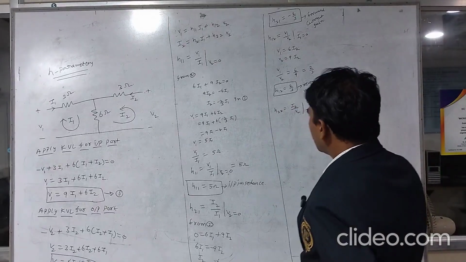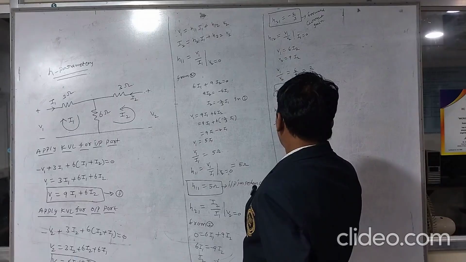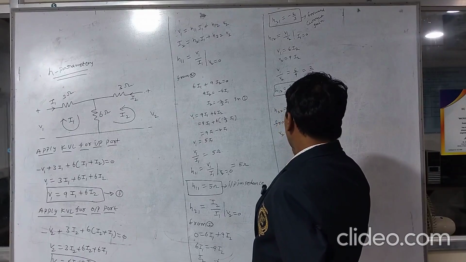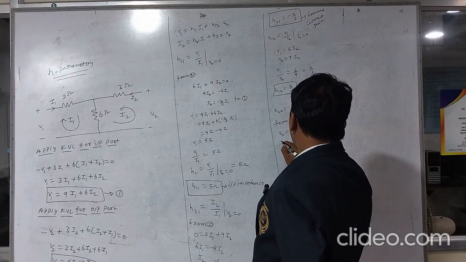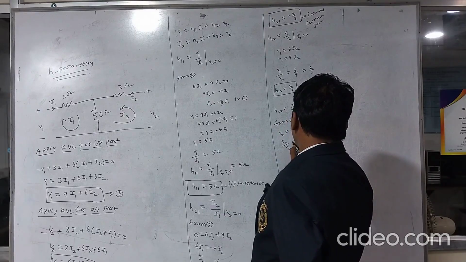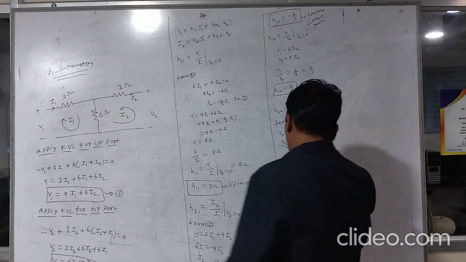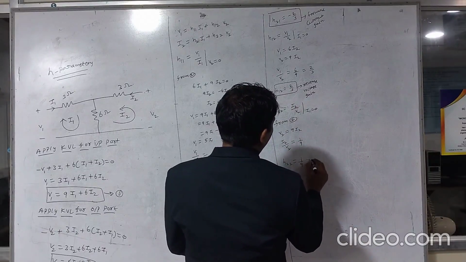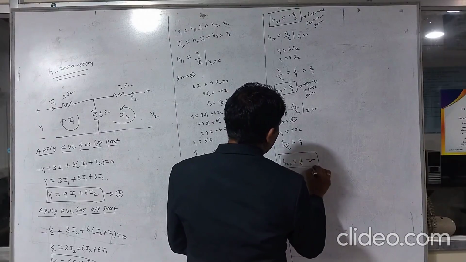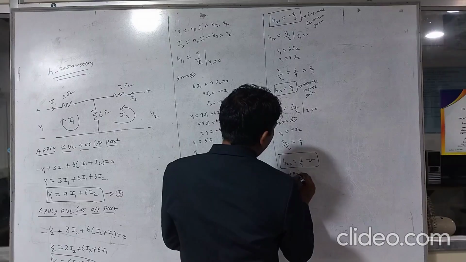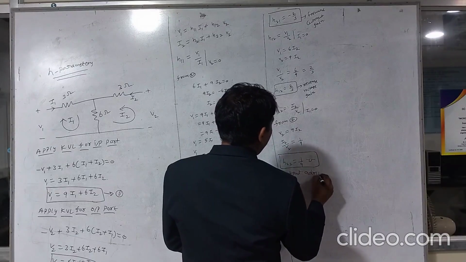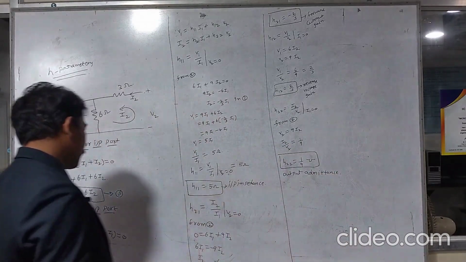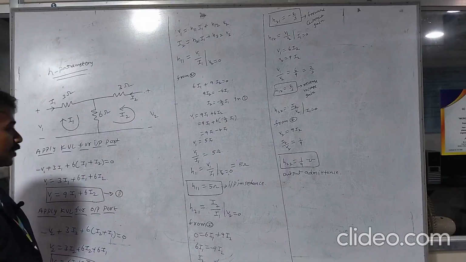When I1 equal to 0, from the second equation, V2 equal to 9 into I2, so I2 by V2, H22 equal to 1 by 9. This is nothing but the output admittance. So now we have the values of H11, H12, H21 and H22.